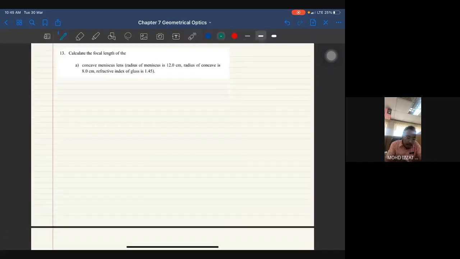Again, dalam exam, let's say kamu memang tak tahu mana concave, mana convex meniscus, kamu draw je dulu. Biasanya jawapan dia sama je. Jawapan tak lari pun. Okay, let's say this is your lens. You have 12 cm and 8 cm.